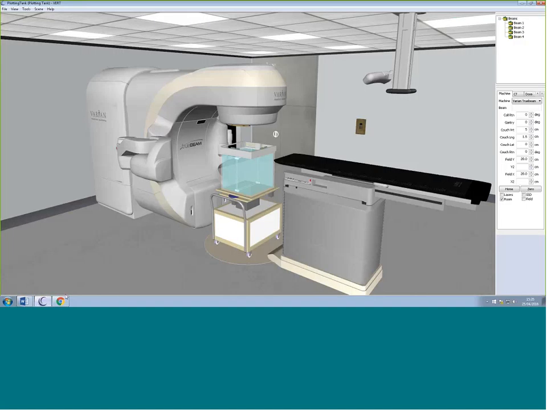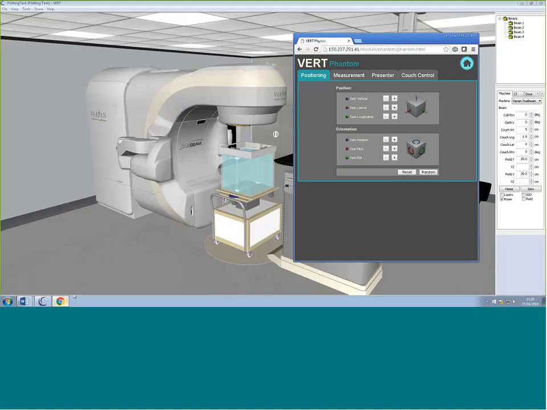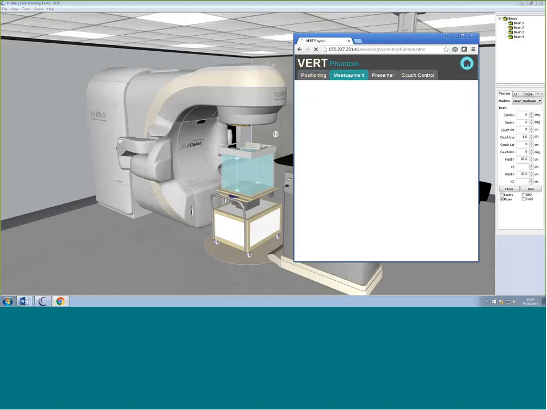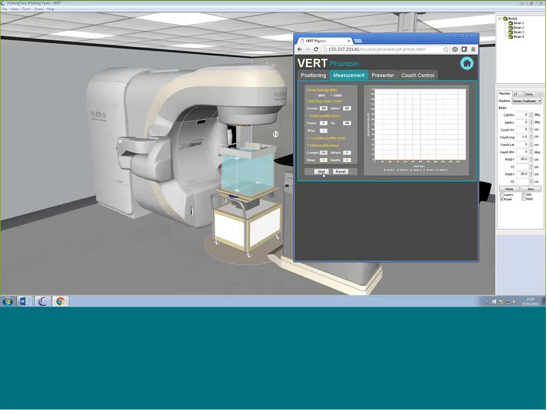The students are given instructions on how to open up the control panel and the different parameters they need to set. It also allows them to visualize what would actually be happening in a clinical environment, so they can see in which dimension the actual readings are being taken.